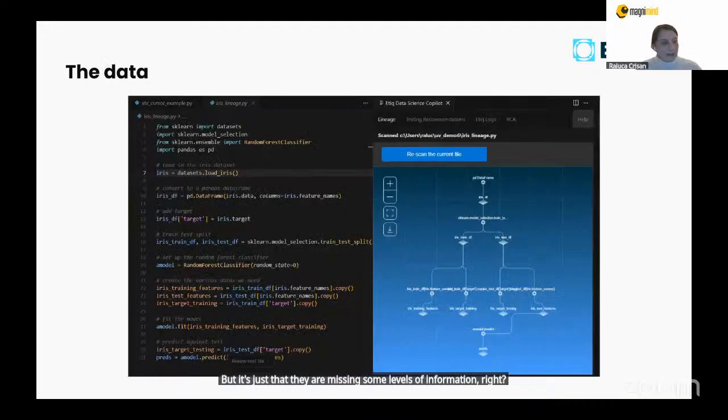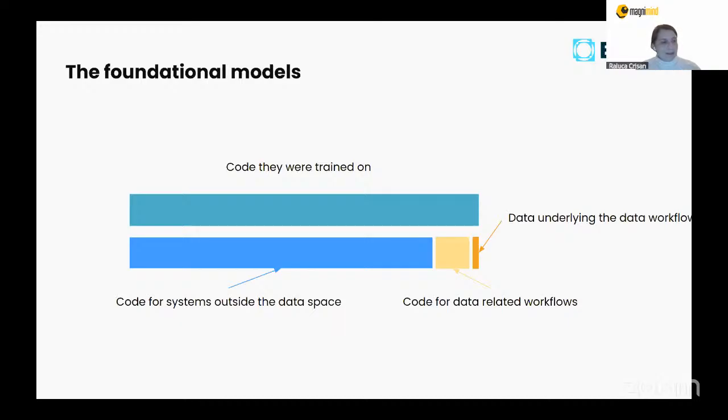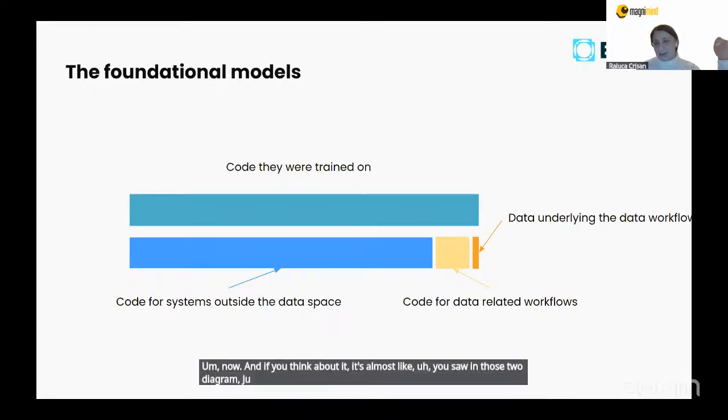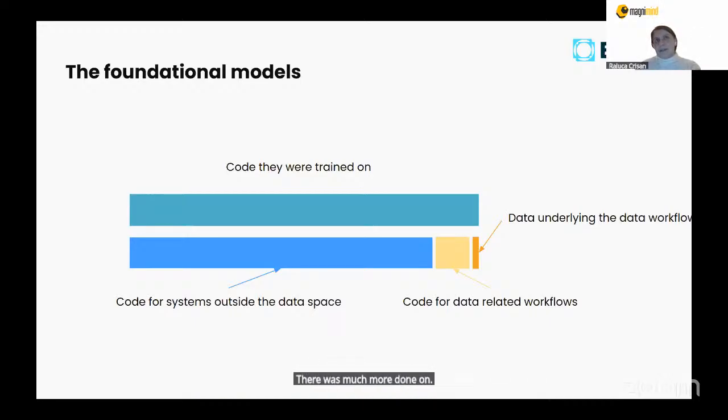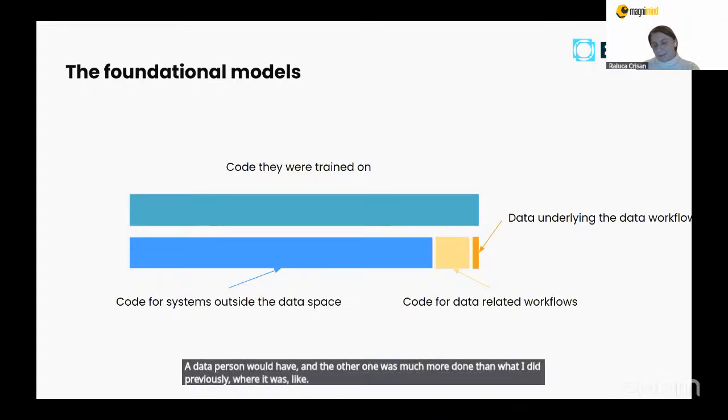Now, if you think about it, it's like you saw in those two diagrams. One, which in my opinion is much more similar to what a data person would do, is the one that Cursor did when I did the live demo. The other one, which I did previously, had no context, there was no code base ready for it to look at.